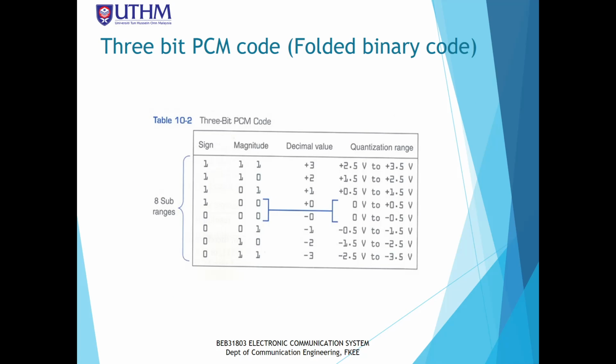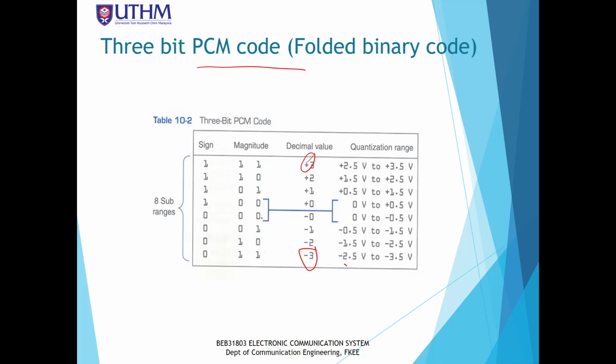So this is example of a 3-bit PCM code folded binary. So kalau you lihat di sini folded binary, so from -3 to 3 ada 8 level. Okay, symmetry at 0. So kalau you lihat daripada negative 2.5, ini cara susunan.